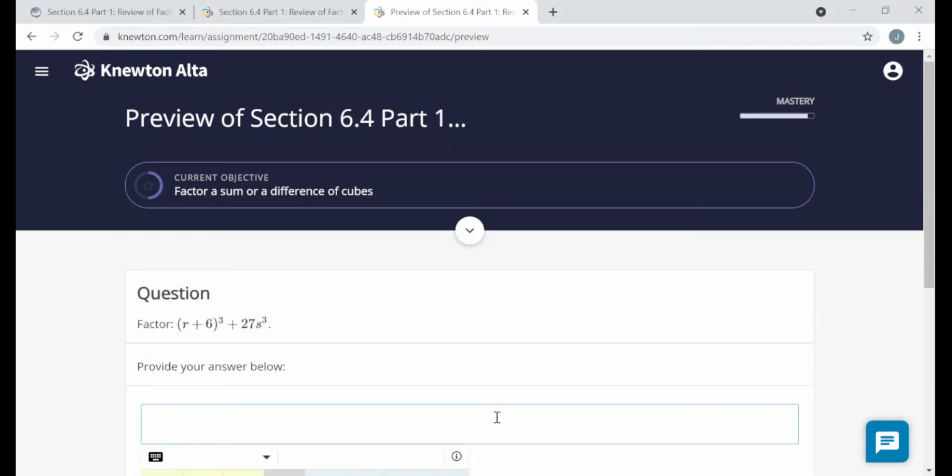All right, so first factor, r plus 6 plus 3s, close parentheses, times the second factor, r squared plus 12r plus 36 minus 3rs minus 18s plus 9s squared, and then close parentheses, and I'm done with that one.